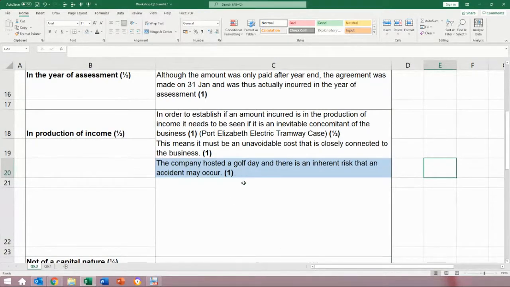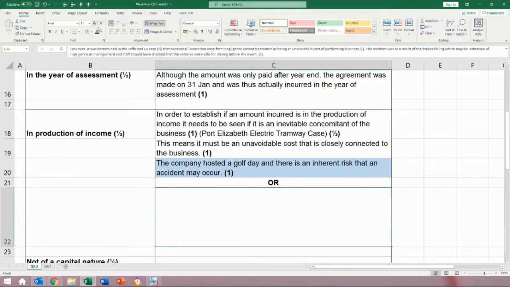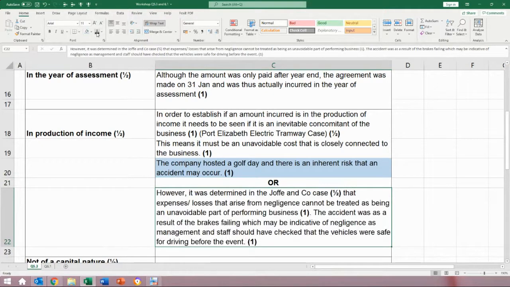Or if you were against it, you say, okay, no, if I go look at the court cases, the Jaffe court case actually says that just because of the fact that you were negligent, you will not be allowed to deduct it as an expense. It would not be seen as unavoidable.